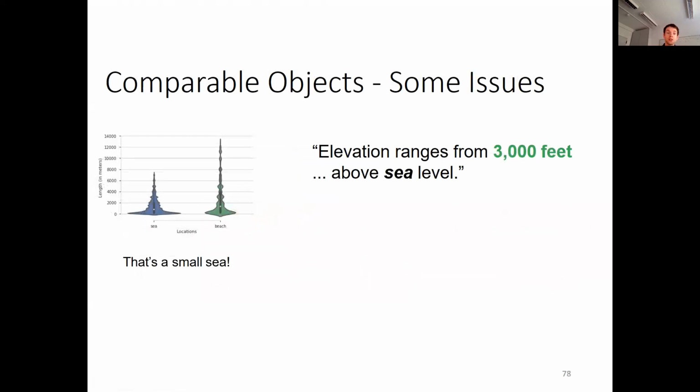Nonetheless, there are some issues. So for example, for sea, the results were quite odd. If you ask what is the length of a sea, there's a peak just close to 0. So what is the issue? There are a lot of sentences saying the elevation ranges from 3,000 feet above sea level. So this pure co-occurrence doesn't take into account that this doesn't talk about the length of the sea, but about something very different.